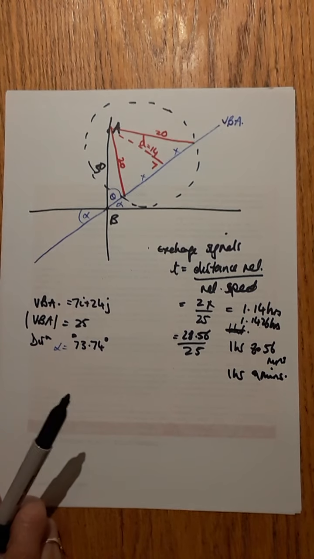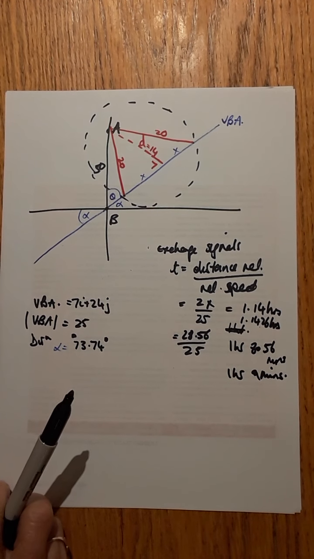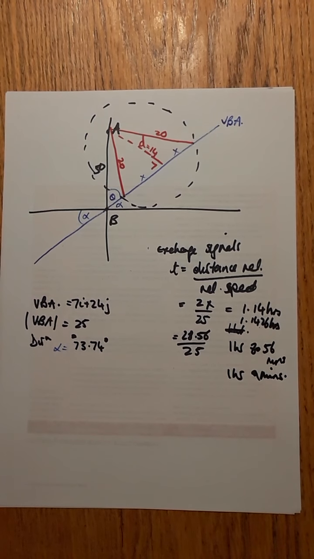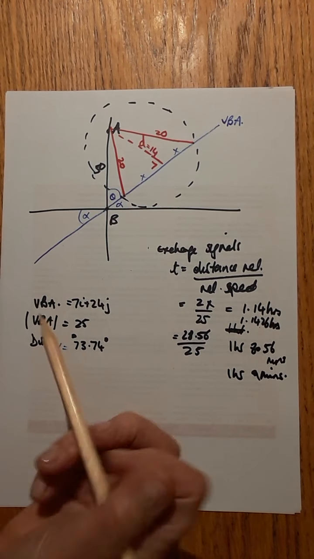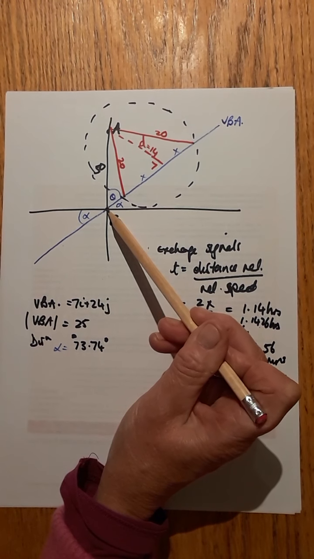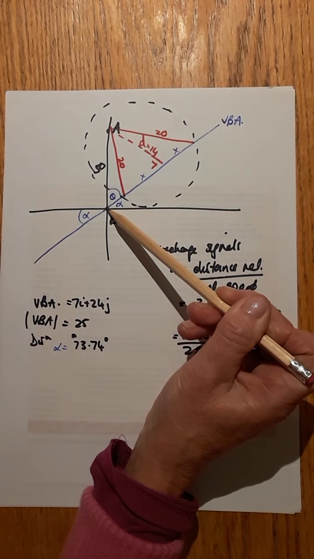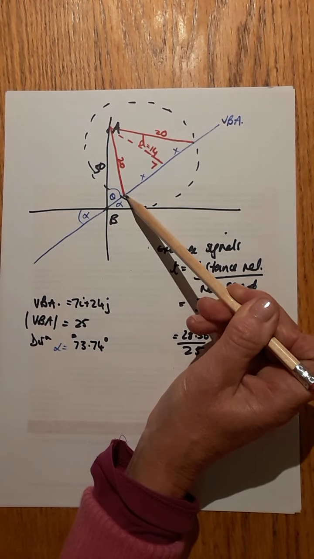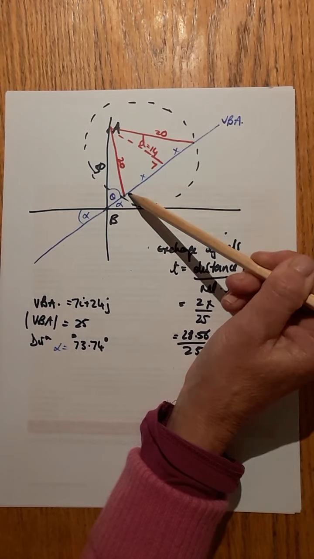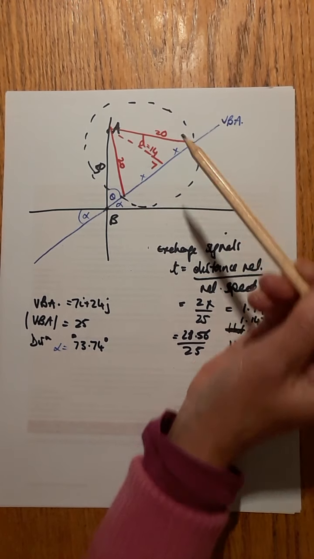Now the first bit actually of the question caused a few more problems. At what time can they begin to exchange signals? Okay, so this position here is when it all begins. So from here to there, they cannot exchange signals. But once they get within this triangle here, then they are exchanging.